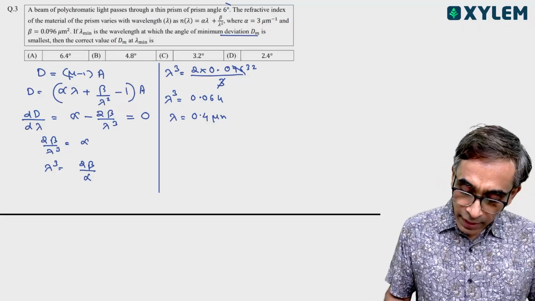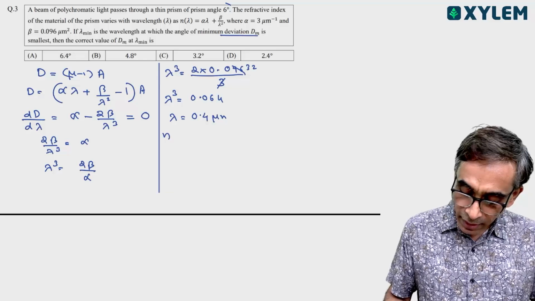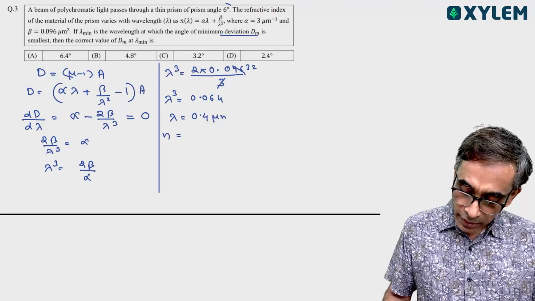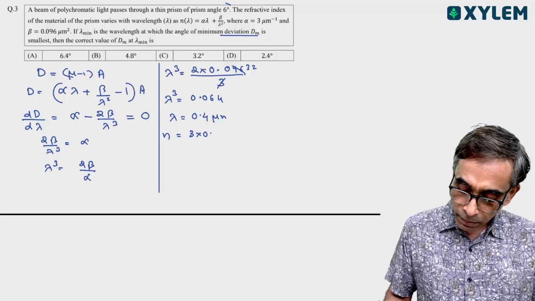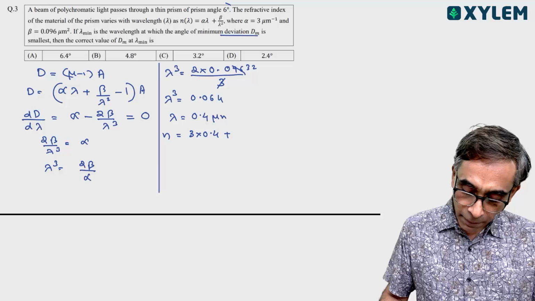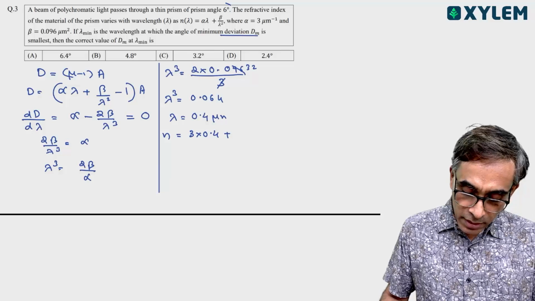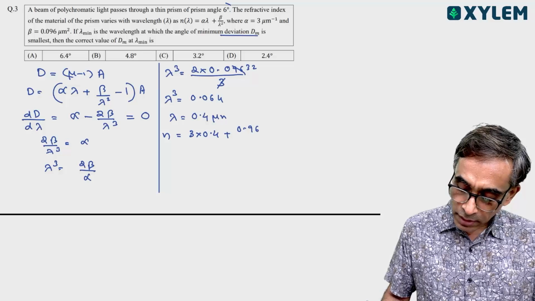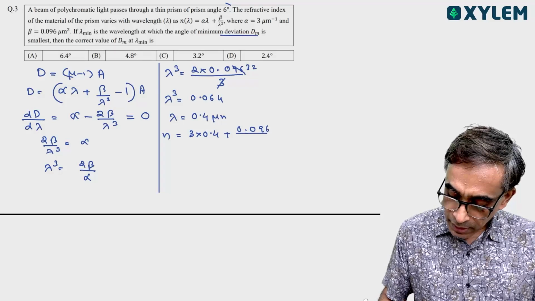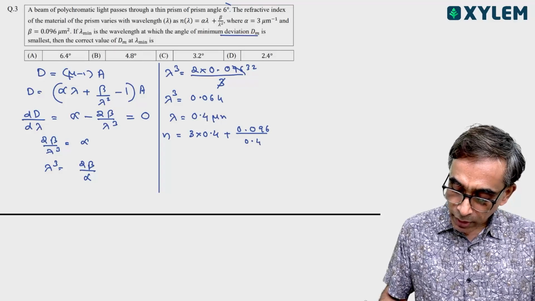Now we will calculate the refractive index n at this particular value. n is equal to alpha into lambda, alpha is 3 into 0.4, plus beta is 0.096 divided by lambda square, 0.4 square.